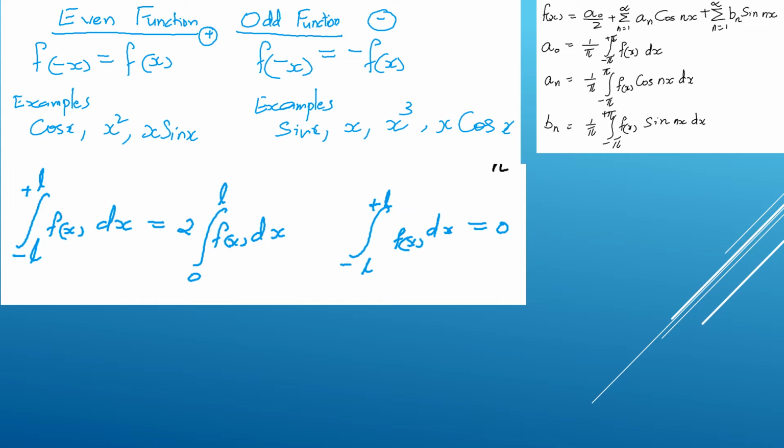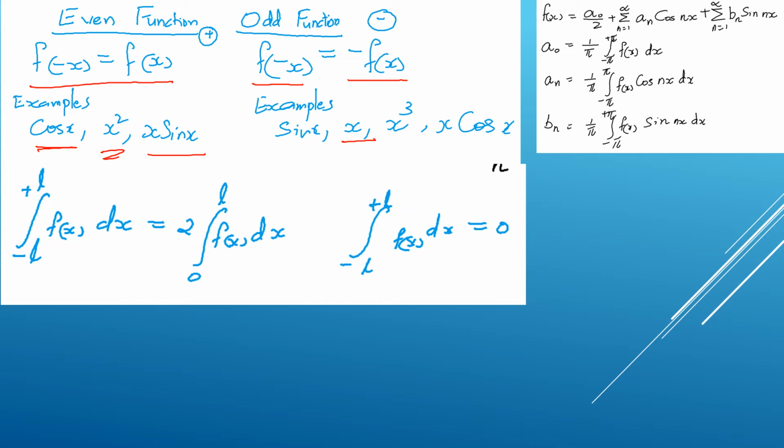We know that for an even function, f of minus x is f of x. Examples of even functions: cos x is an even function because cos of minus x is cos x itself. x square is an even function because when you substitute minus x, the square becomes x square itself. Before going further, we'll learn what an odd function is. An odd function is f of minus x equal to minus f of x.